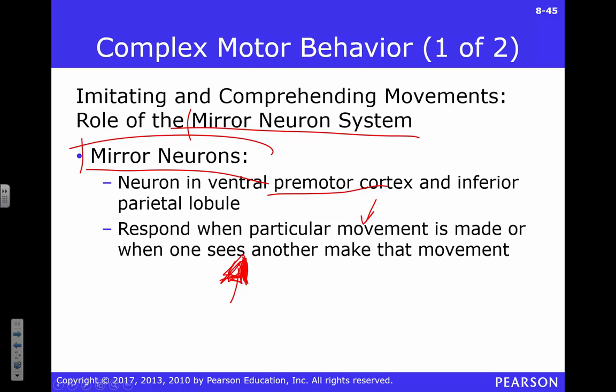So the folks who discovered the mirror neuron system, it was this guy Giacomo Rizzolatti out of Italy. He was an interesting guy. Him and a bunch of other folks in his group, they discovered these in monkeys. They realized that there were cells that got excited when a monkey would see another monkey perform an action, and then when that monkey would perform the same action, they would get active.